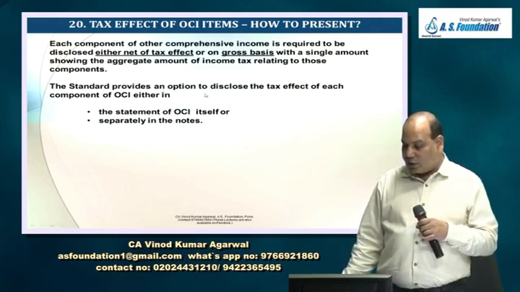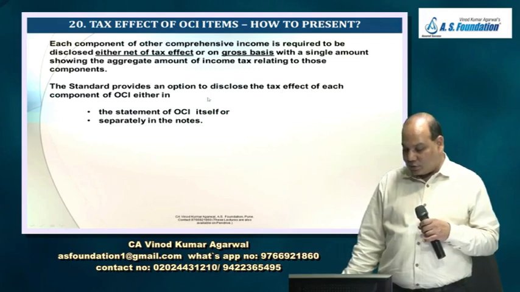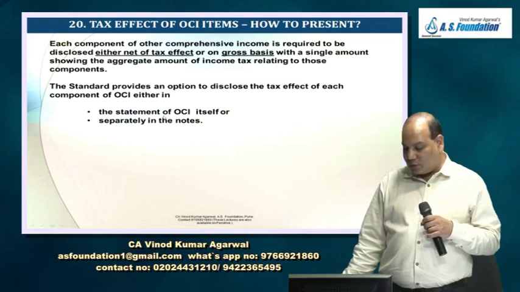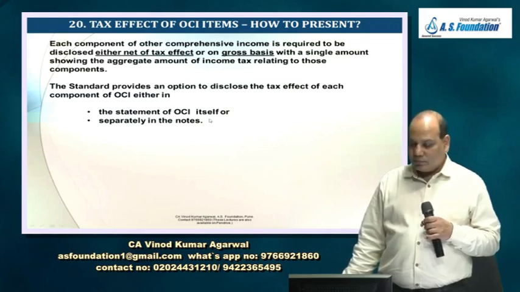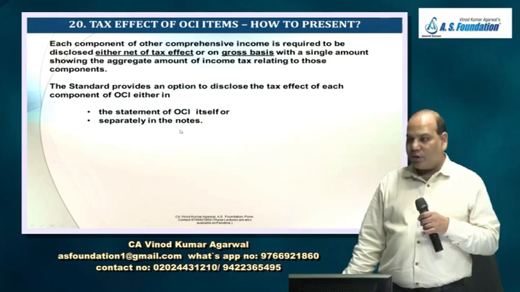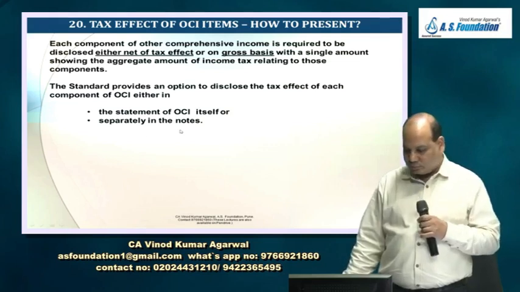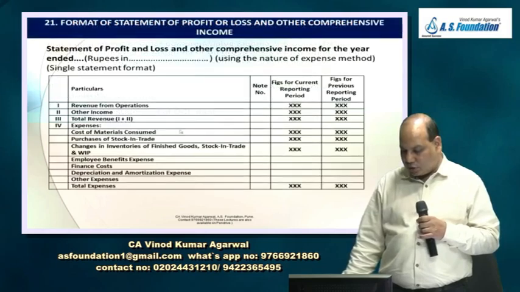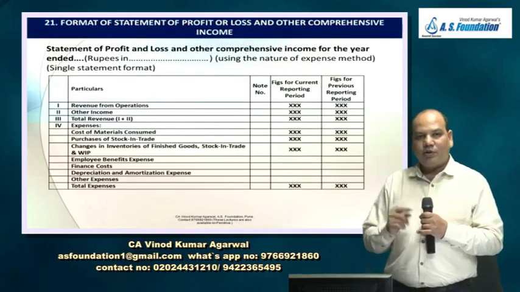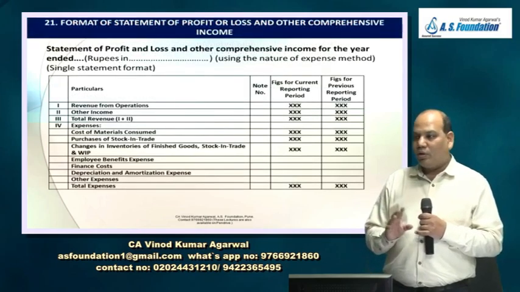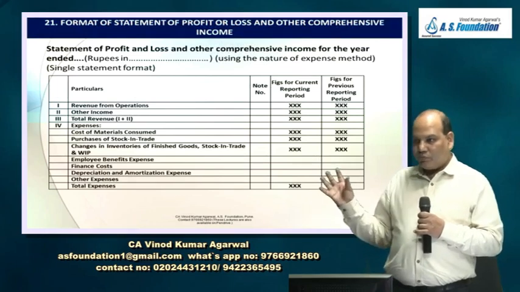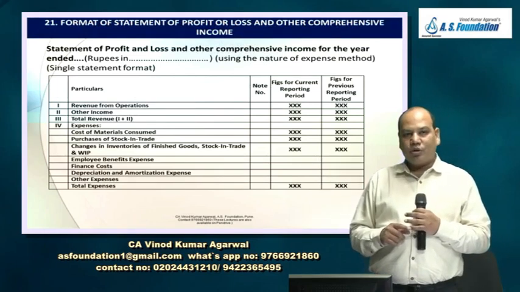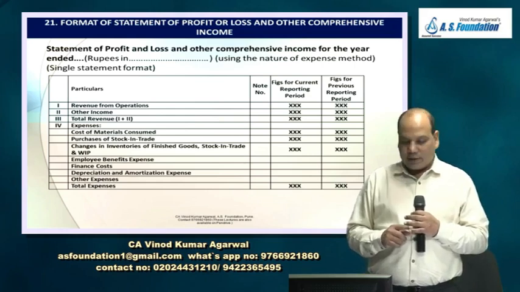The standard provides an option to disclose the tax effect of each component of OCI either in the statement of OCI itself, or you can disclose separately in the notes. So tax effect will be either presented in OCI or disclosed in the notes. OCI items can be shown gross or can be shown net.